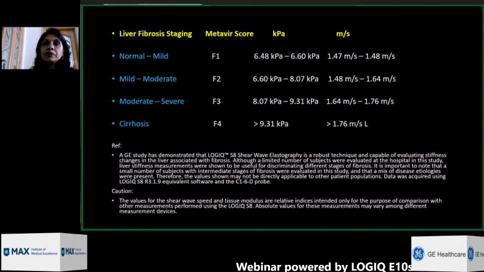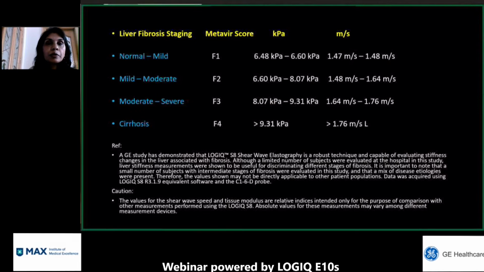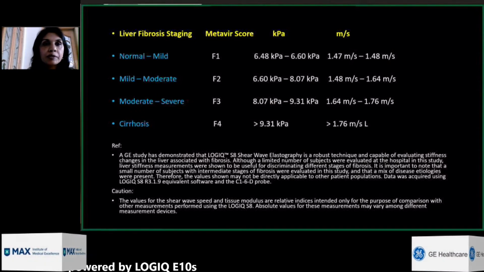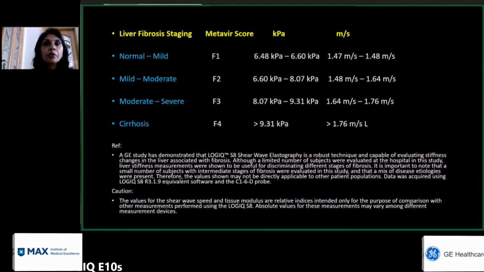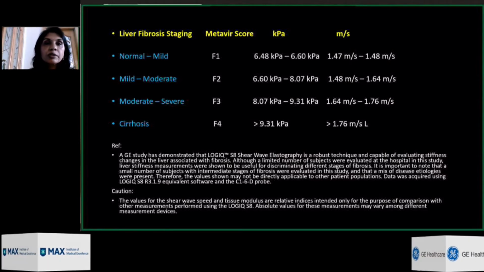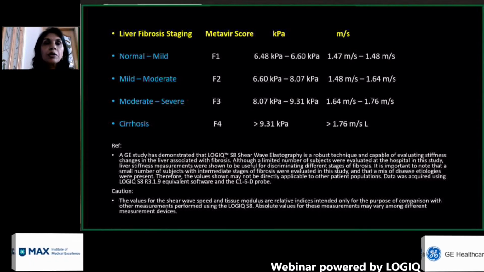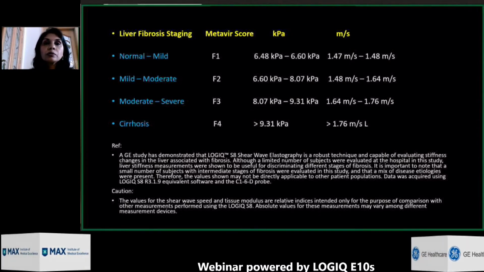Now, this is a reference chart that has been taken from GE Healthcare documents for your take-home reference, based on the most reproducible semi-quantitative system called Metavir score. And there are other scoring systems as well, like Batts-Ludwig and Ishak, but Metavir has stood the test of time.